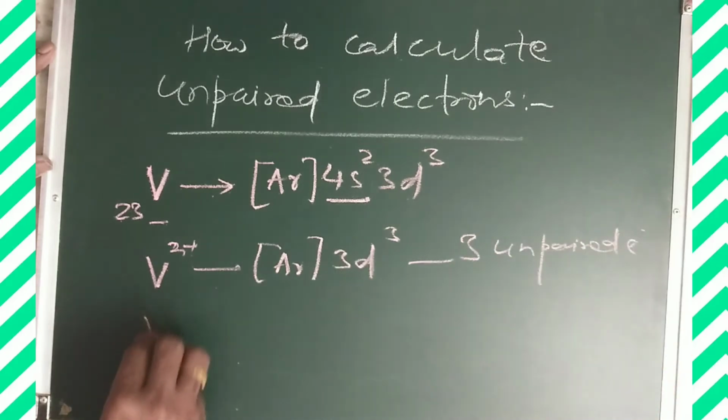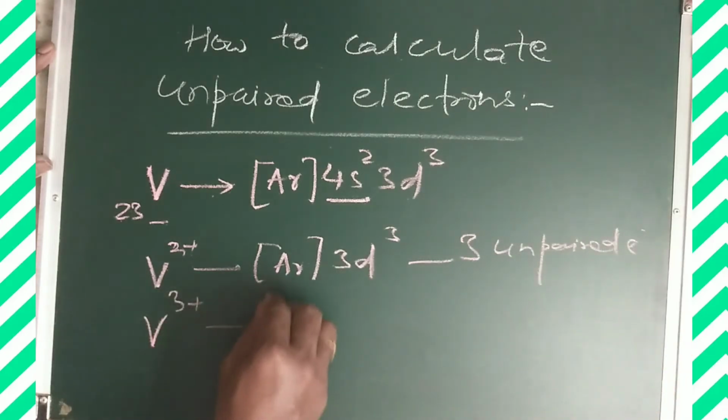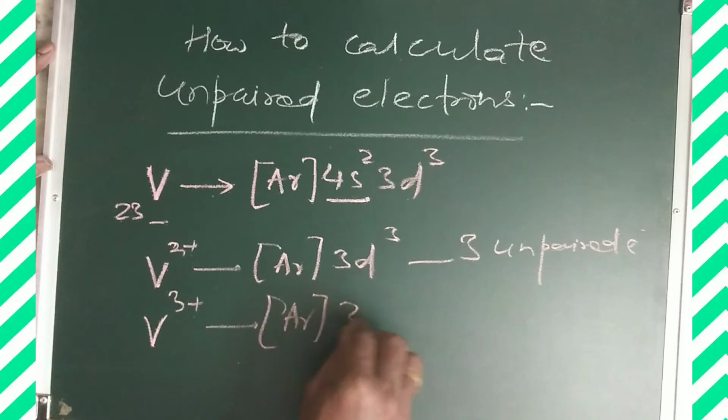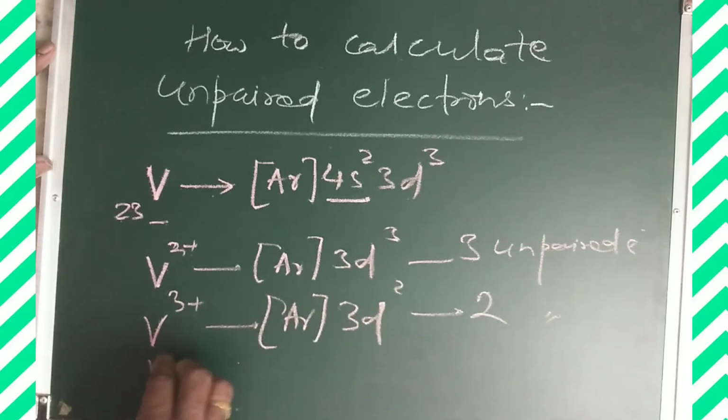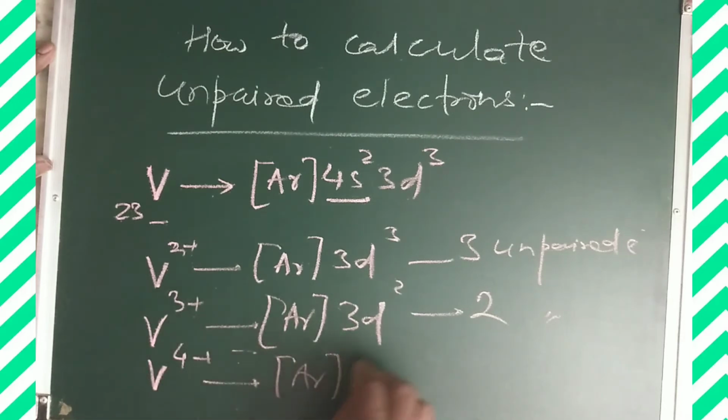Suppose they ask you vanadium 3+, then its configuration will be argon 3d2, that means it will have 2 unpaired electrons. Vanadium 4+ will be argon 3d1, so 1 unpaired electron. Vanadium 5+ will have argon configuration, so no unpaired electron.